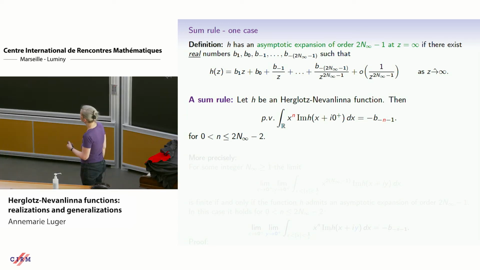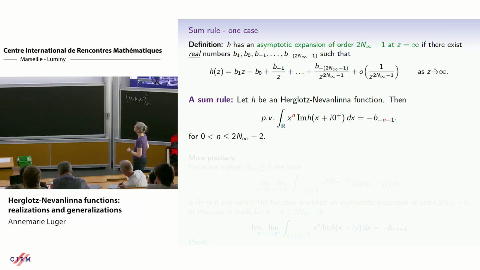Namely, there exist real numbers, the coefficients here, such that we have this behavior as theta goes to infinity, again, non-tangentially. So this means in such form. Okay. And the sum rule then tells you that the principal value of this kind of integral is equal to the corresponding coefficient in the expansion.